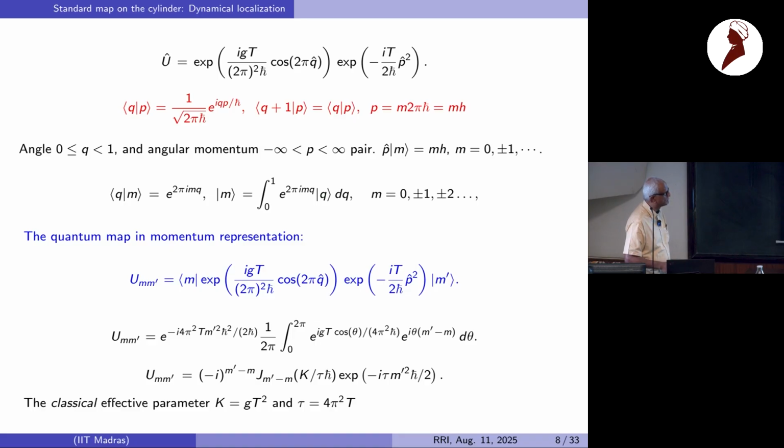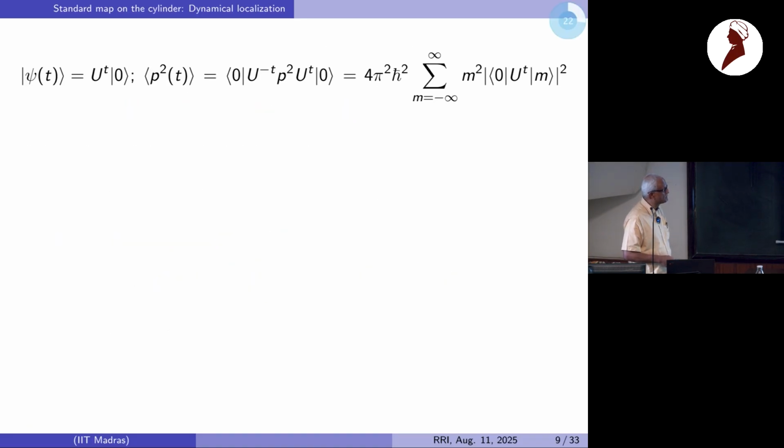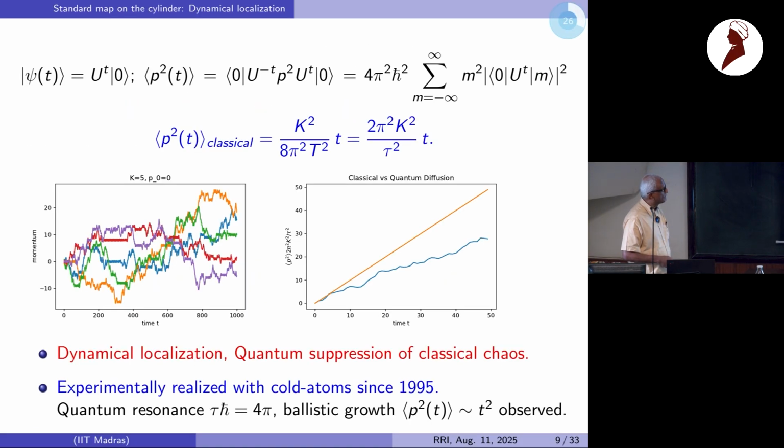It will disappear. The whole thing will be 2 pi times an integer square, so this term is 1. It's as if there is no kinetic energy term, there is only the cosine kick. So this is a purely quantum effect. You won't have classical limits corresponding to this, and these are called quantum resonances, to emphasize the quantum nature of this.